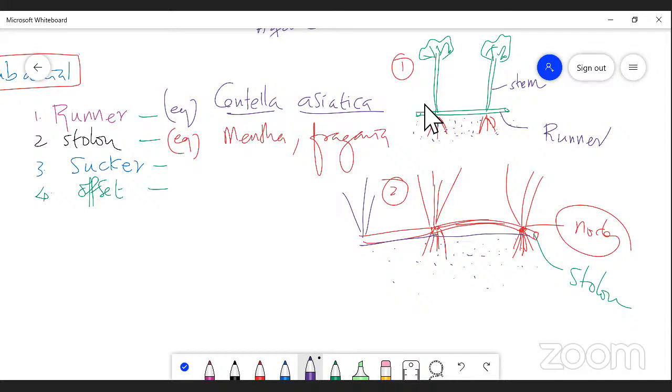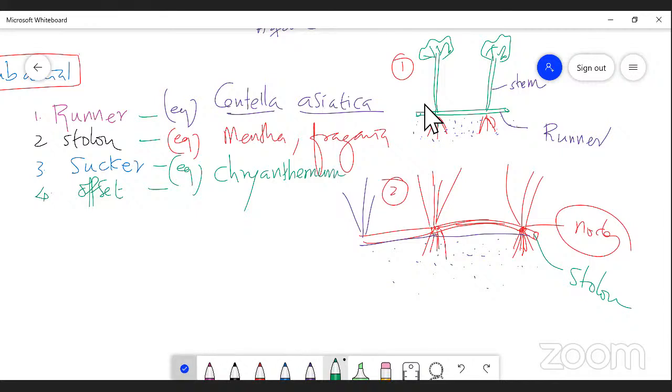The next category is sucker. For sucker, I can give the example Chrysanthemum. Actually, Chrysanthemum is a plant in which the stem grows. Now, this is a stem.